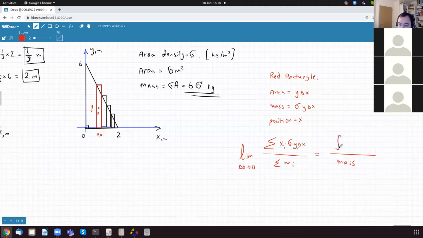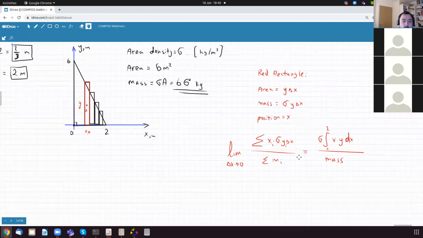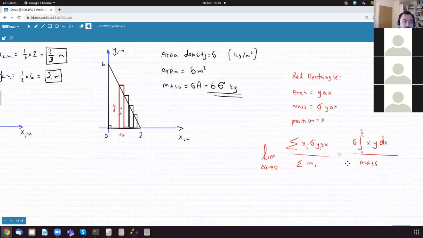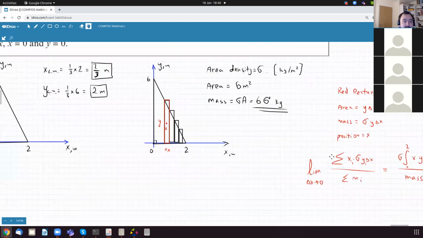And this becomes the integral between 0 and 2 of x sigma y dx. Sigma is a constant, so we take it out. And we know the equation for y: y is equal to 6 minus 3x.